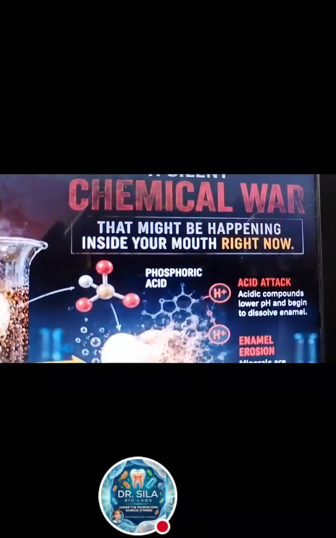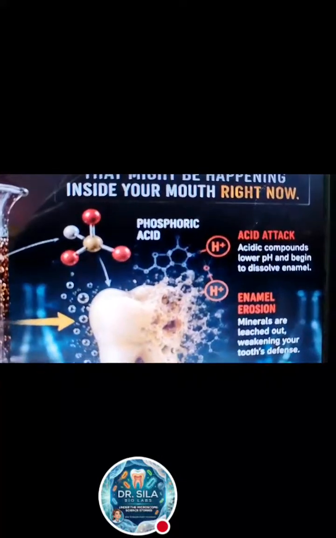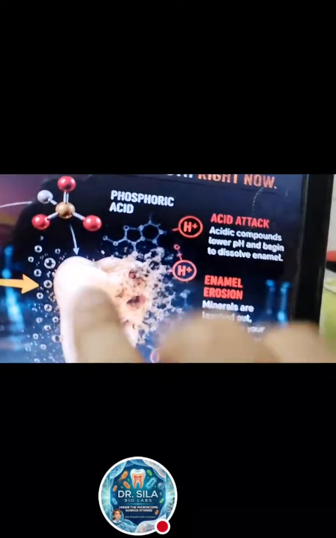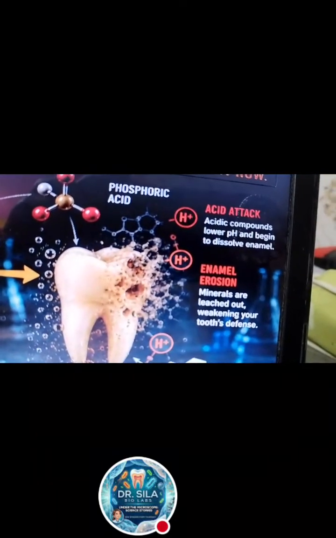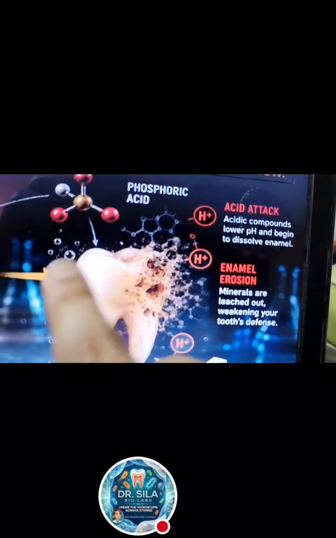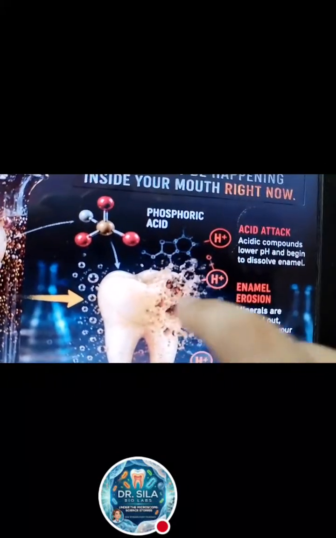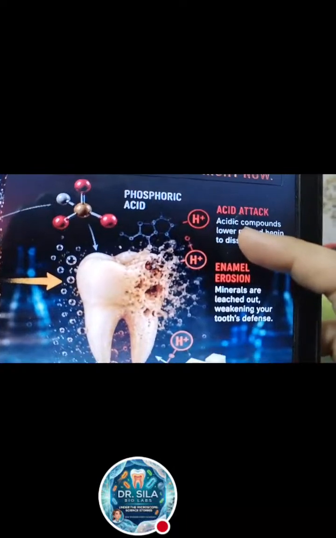A silent chemical war that starts in our mouth. The acid attacks, acidic compounds lower the pH, and enamel starts dissolving away. Enamel erosion.